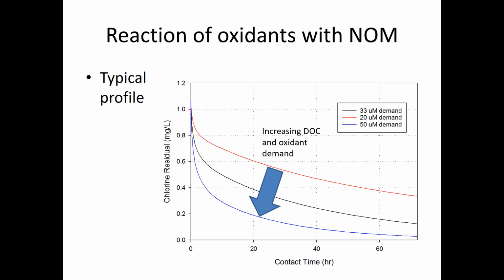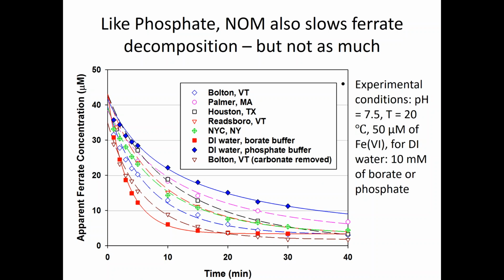Well, with ferrate, it's surprisingly the exact opposite. Here's an example of ferrate residuals over time, and this bottom line is the water that has no organic matter in it at all. This is deionized water with a borate buffer. Ferrate goes away most quickly in the absence of organic matter, and as you have more organic matter present, it can go away more slowly.